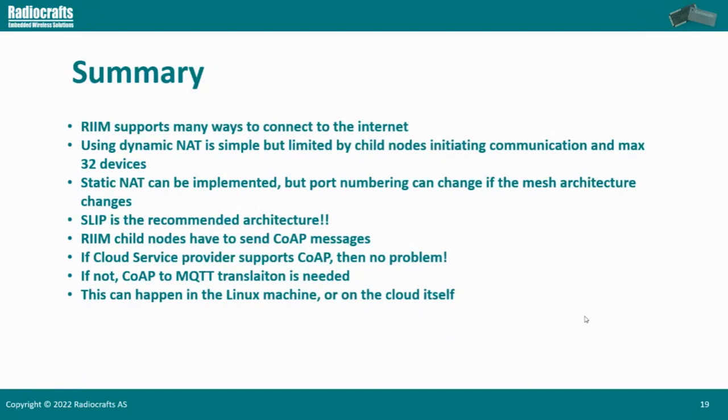Then we spoke about SLIP, which we recommend. It just takes the IP packets using UART from the border router to a Raspberry Pi, and then there you can do whatever you want. You can route them out to the internet. You can use Node-RED. You can convert them to MQTT, then speak with any cloud service you would like, and so on. So these are the 3 ways. We ourselves, we recommend SLIP. It's the most simple.